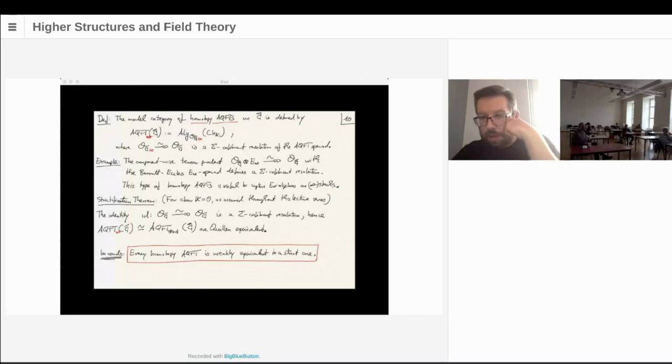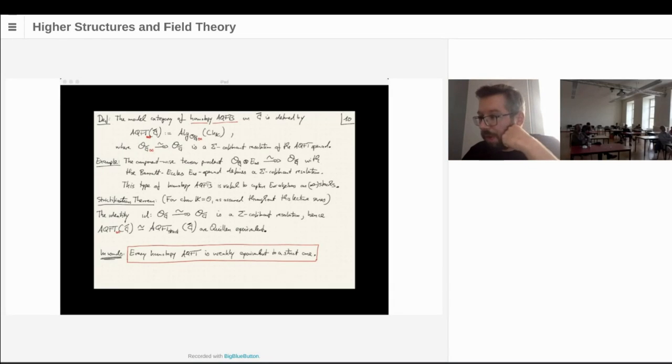So the definition is now relatively straightforward. Applying this concept of resolution to the chain complex valued AQFTs, you introduce a category of homotopy coherent AQFTs, which is also a model category, where some of the properties like Einstein causality and time slice are not strict, but just up to coherent homotopy.